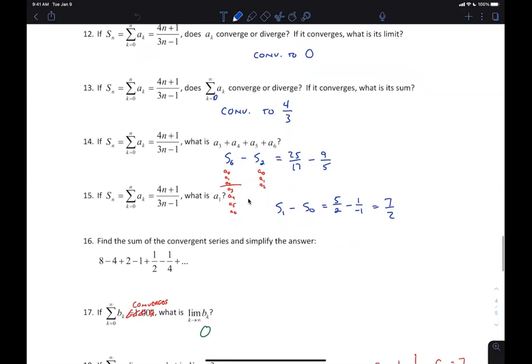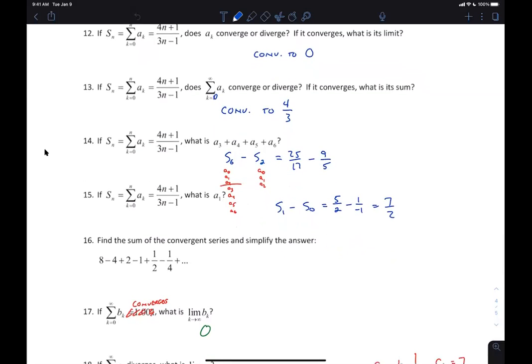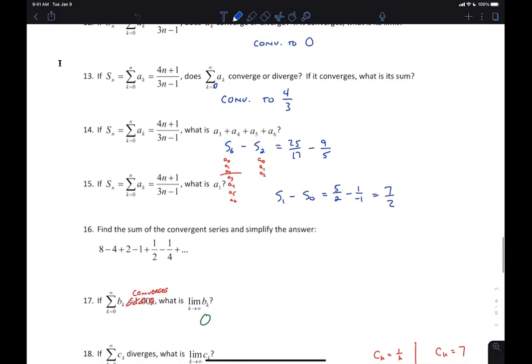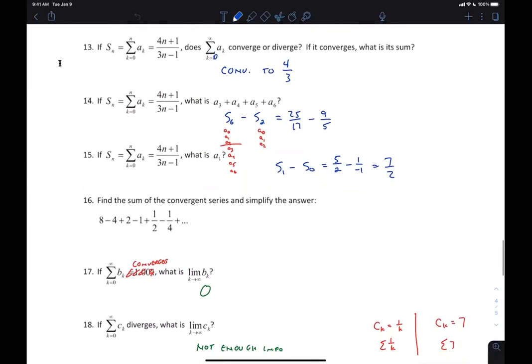All right, and so the other question that I had at the beginning of the chat is, can we do one where we have to find a formula? Actually, number 16 is one where part of this is you have to find a formula. This one tells you it's convergent, and it wants you to find the sum of the series. This is a geometric series.